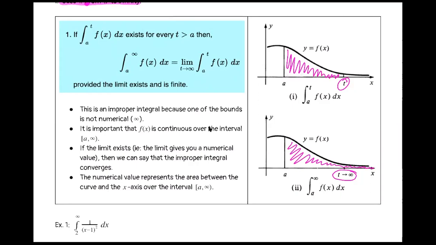Now, t just tends to be the letter that we use to represent that upper bound that is not actually there. It's what we're going to replace with infinity later.